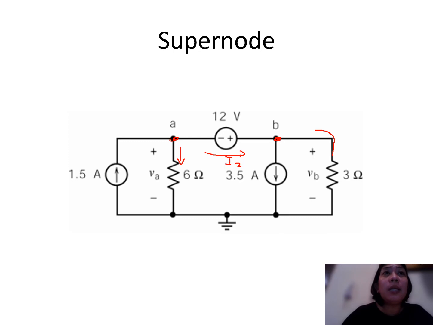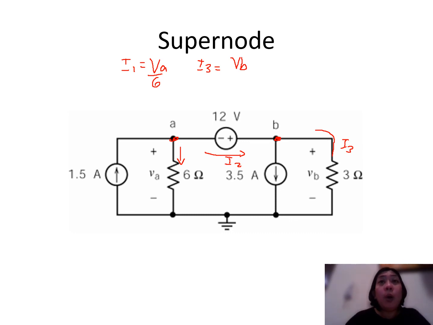We can say that I1 is equivalent to VA all over 6. And I3 is VB all over 3, because this is directly connected to ground.